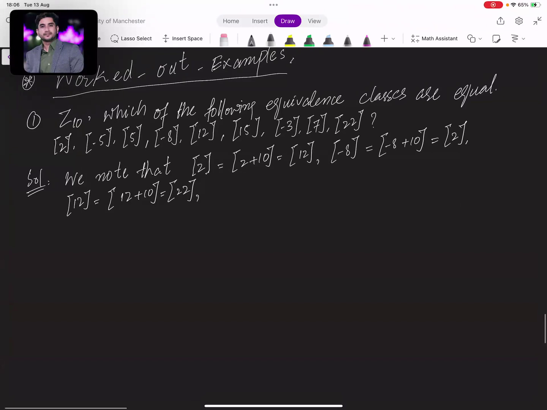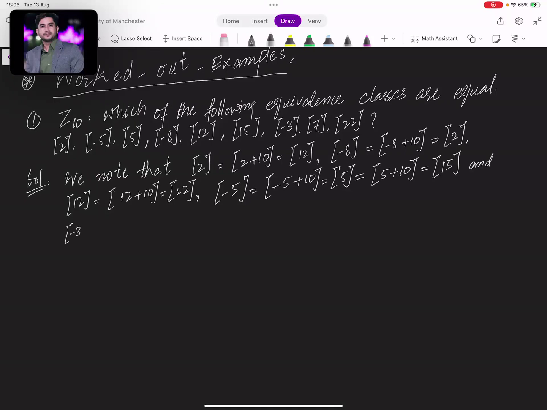Similarly, -5 will be equal to -5 plus 10, which is 5, which will also be equal to 5 plus 10, which is 15, and -3 plus 10 is 7.